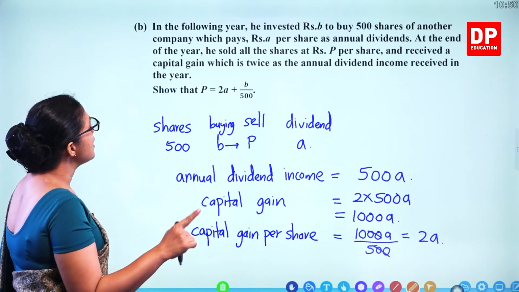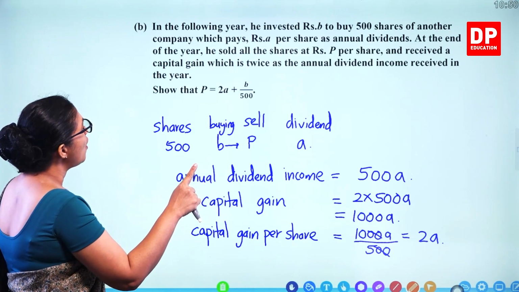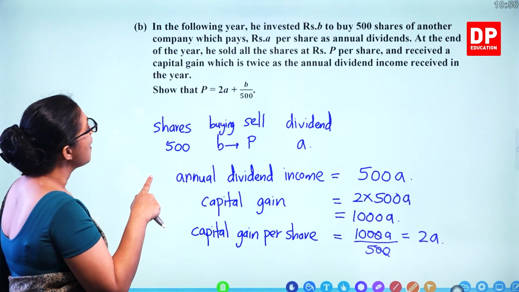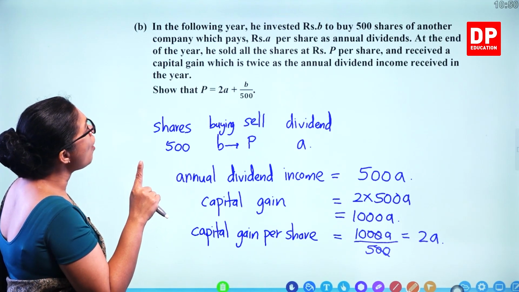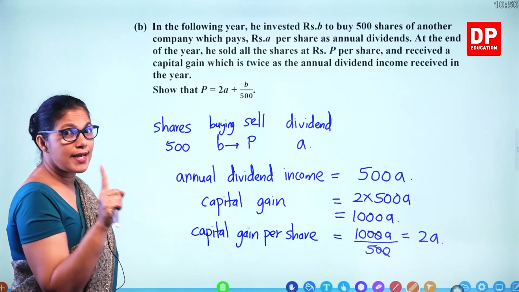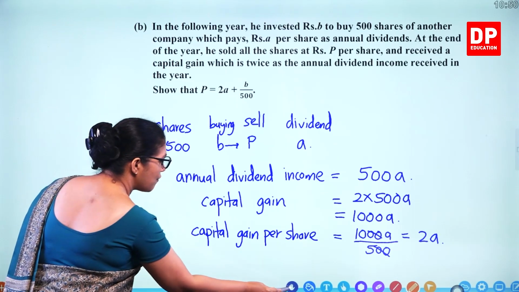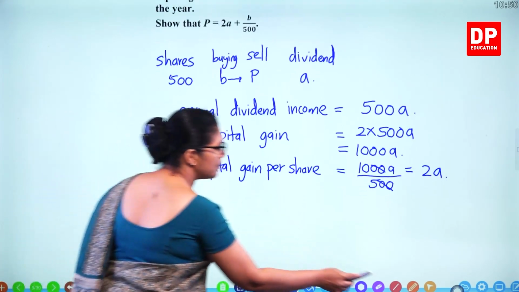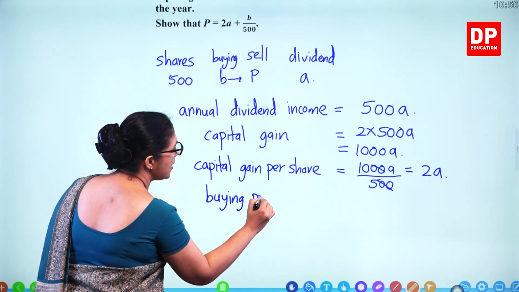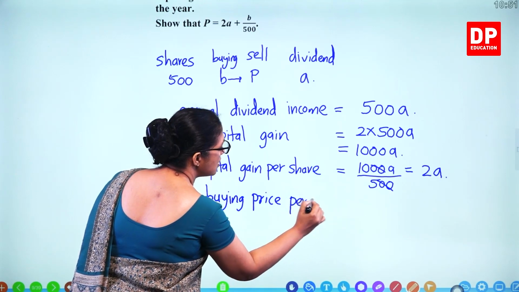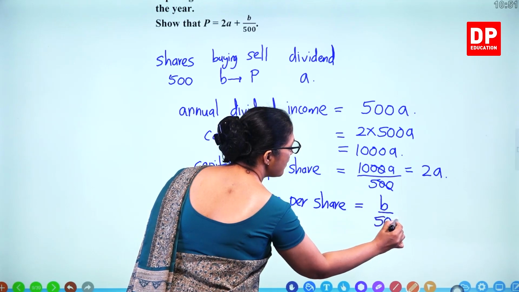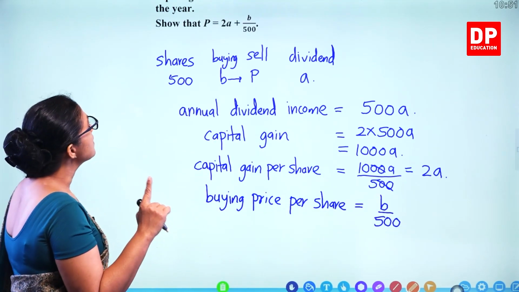So what's the relationship? We can find out here. Buying price is B. So buying price is given for all 500 shares. So what is the buying price per share? You can find out buying price per share. You have to divide B by 500. This is buying price. What's the selling price?